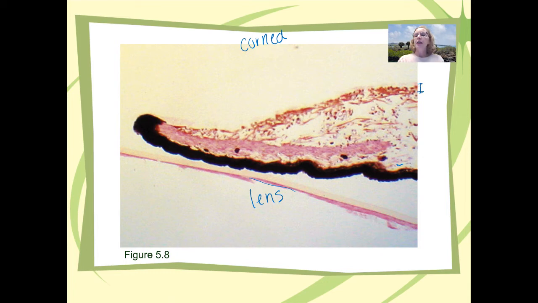This is actually in a monkey, so they have a relatively thick, thicker than human, anterior border layer. Then we have the stroma. And within the stroma, you can see the melanocytes and the fibroblasts, you can see some blood vessels, but fairly prominently, you can see the sphincter muscle.